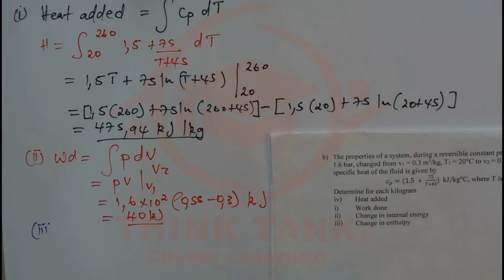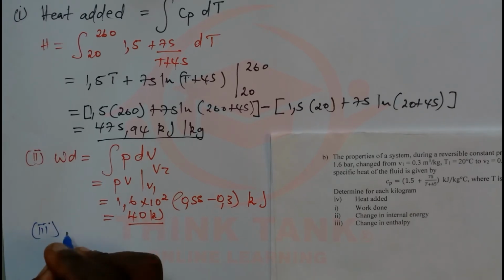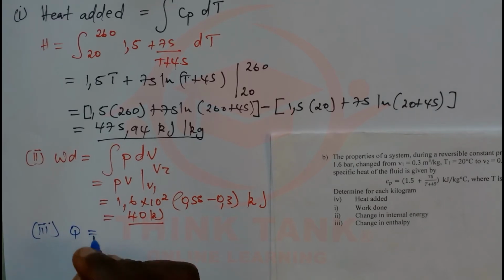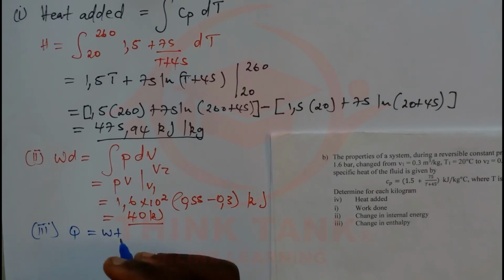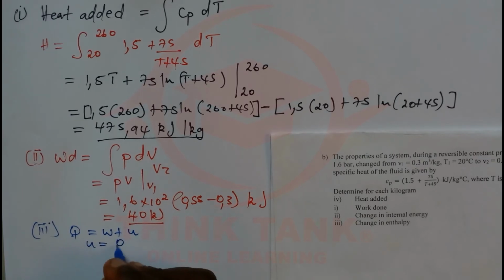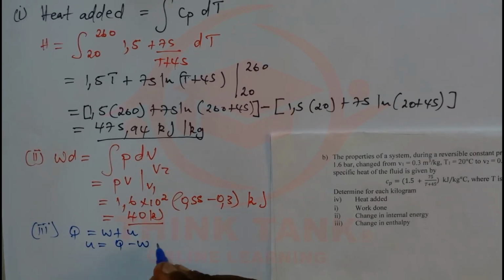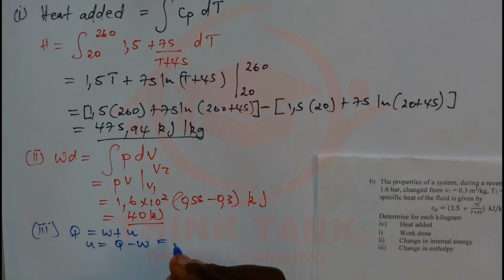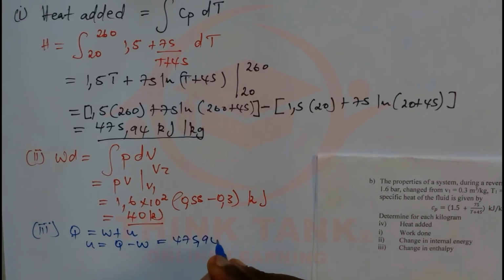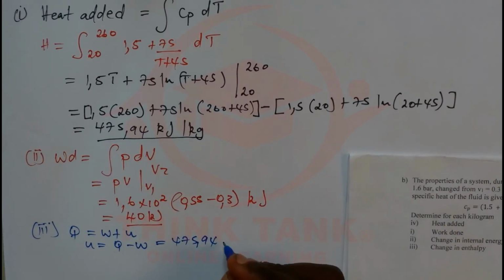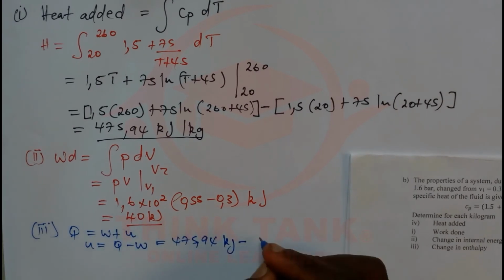The next question is the change in internal energy. What do we know? We know that the heat added is equal to the work done plus the change in internal energy. We have the heat added and also have the work done. So if we make use of the formula, ΔU is going to be Q minus W. We said it's 475.94 kilojoules from the first part, minus 40 kilojoules.